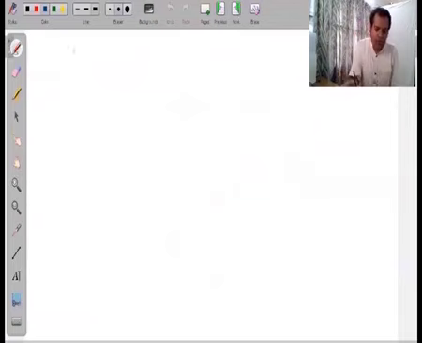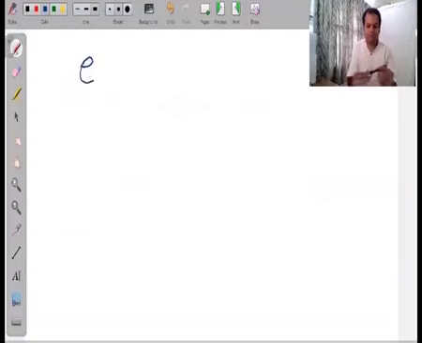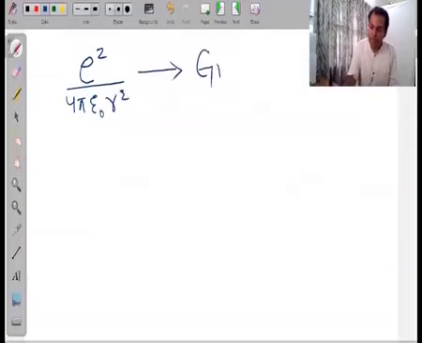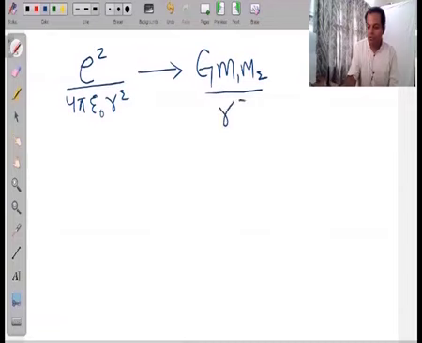So your electrostatic interaction with all your constant terms would look like e square upon 4 pi epsilon naught r square, and that is replaced by G m1 m2 upon r square.